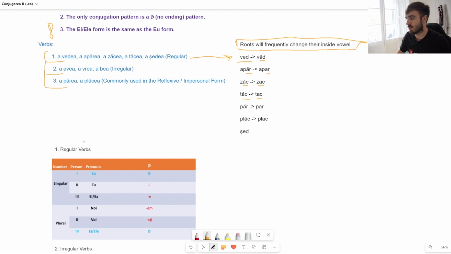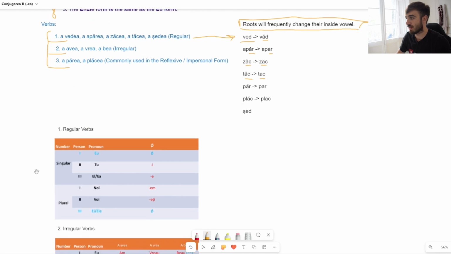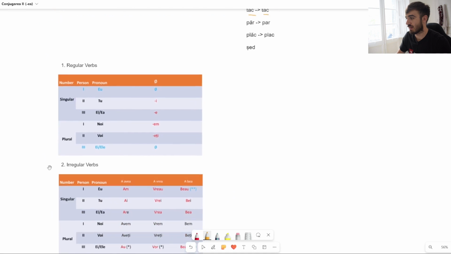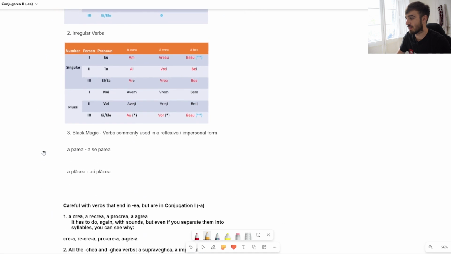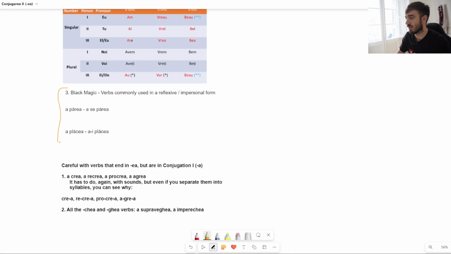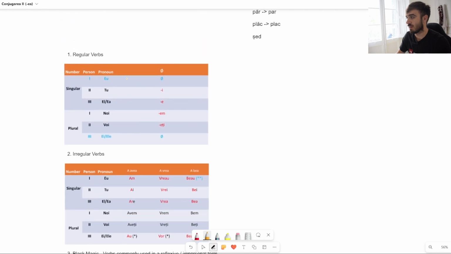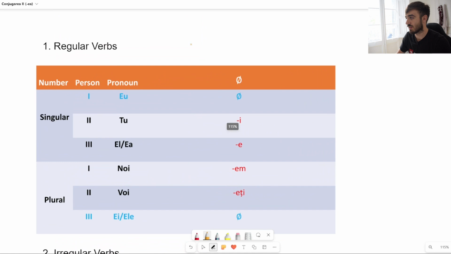Those will be what I'm going to talk about in terms of regular verbs. Then the very irregular ones, avea, a vrea, a bea, will all be talked about in the second part. And finally, the strange things that happen with a părea and a plăcea, to seem and to like. We'll have some warnings at the end, but until then, let's go see how to conjugate regular verbs in EA.